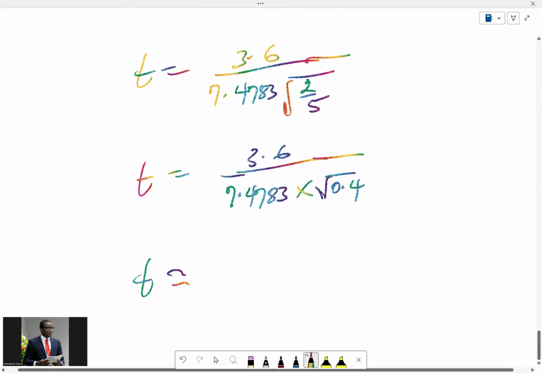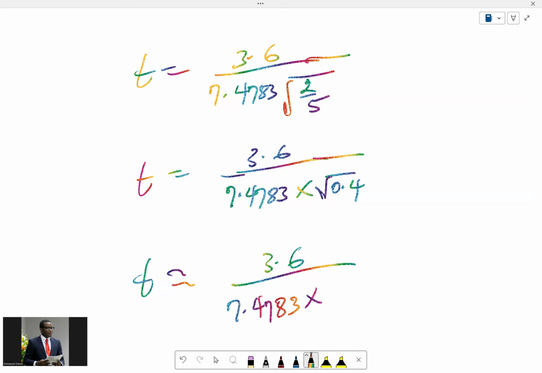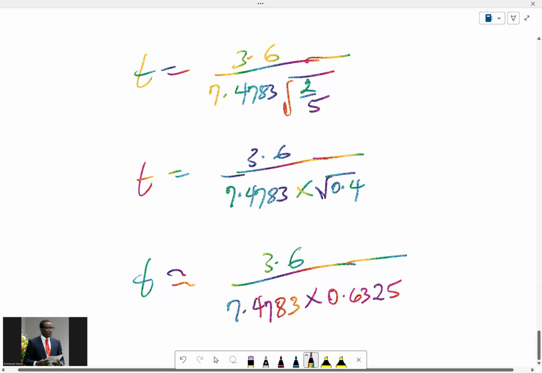So t now is approximately 3.6 divided by 7.4783 times square root of 0.4. Now, let's see, square root of 0.4 would be 0.6325. Okay, so let's just do the rest in one blow.